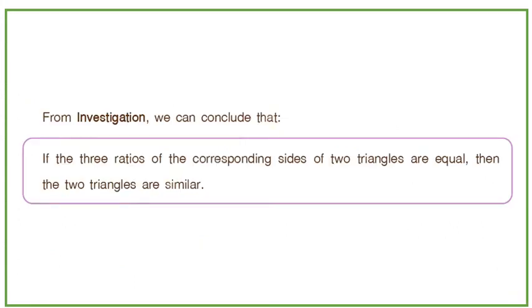Now we can conclude and say that if the three ratios of corresponding sides of two triangles are equal, then the two triangles are similar.